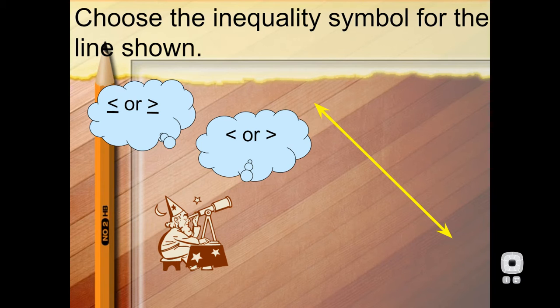The line that I have just drawn right here, is that going to be a less than or equal to, greater than or equal to, or less than or greater than? Remember, if you don't know how to do it, you need to click on those shapes.